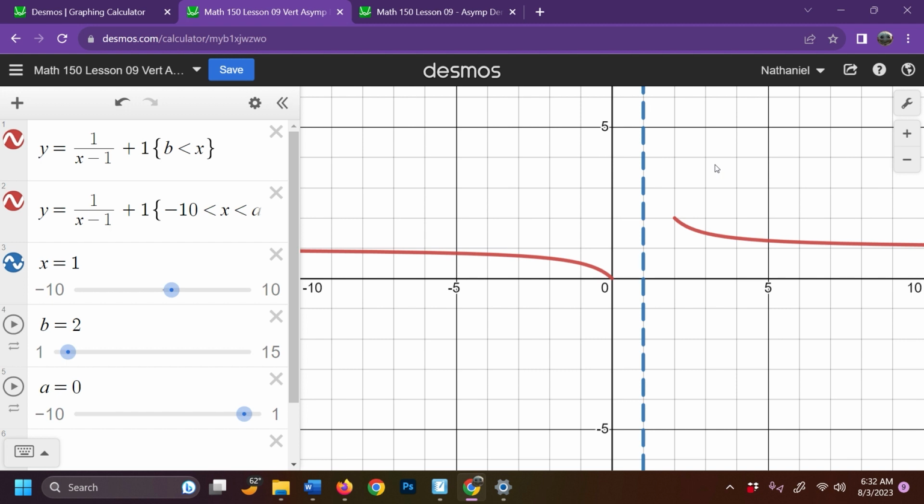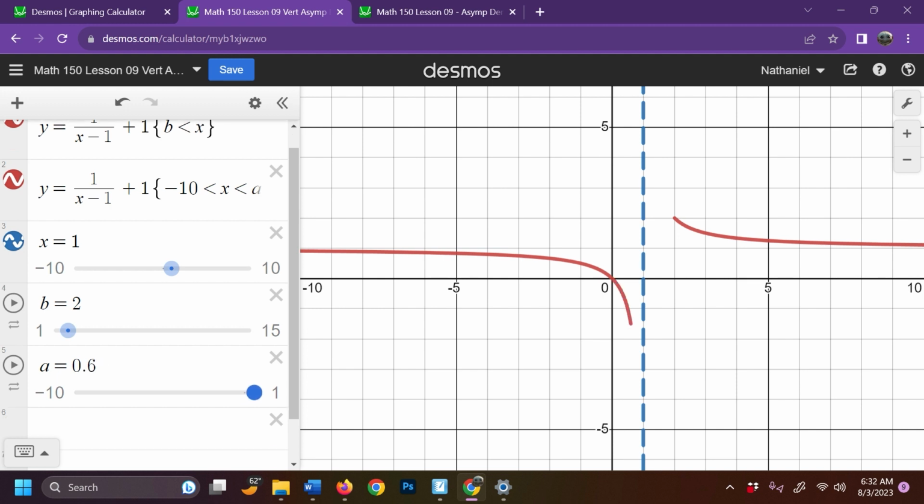So if I'm coming in from the left-hand side following this red curve, as x gets closer and closer to 1, this function gets closer and closer and tends to look very much like this vertical line. And then as we come in from the right-hand side, the function is going to get closer and closer to that vertical asymptote. If we were to pull out, it's going to look more and more like this vertical asymptote as we get closer and closer to that.